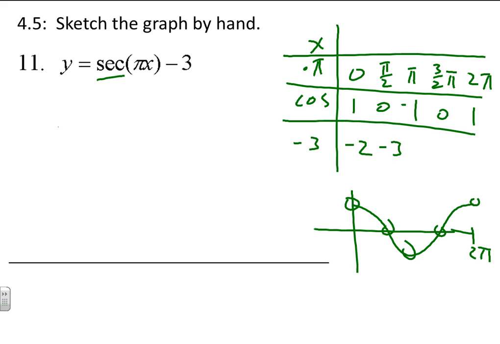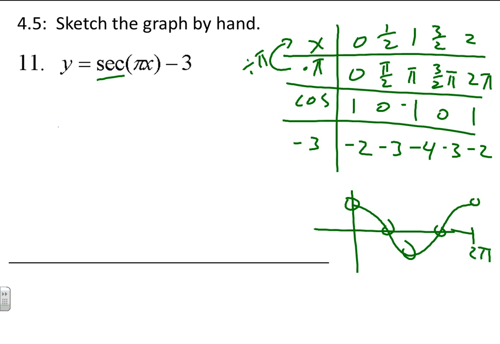Minus 2, minus 3, minus 4, minus 2. Excuse me, minus 3. I got going too fast there. Minus 3, minus 2. In reverse, divide by pi or multiply by 1 on pi, and I get 0, 1/2, 1, 3/2, 2. So there are all of our points.